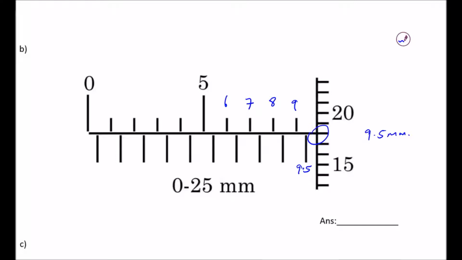So to get greater accuracy, we have to look at the timber reading, which is this point here. This is 16, 17, this is 18. So the timber reading is giving us 18, but 18 actually means 0.18 mm.